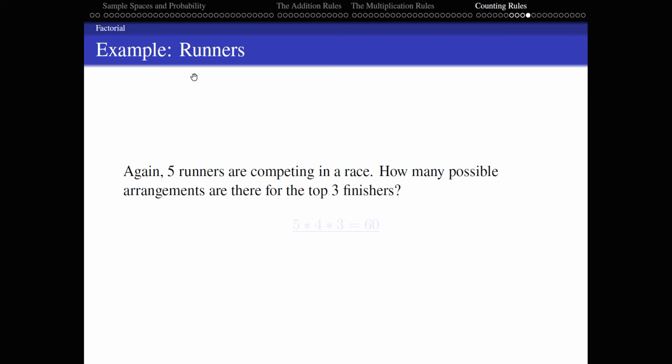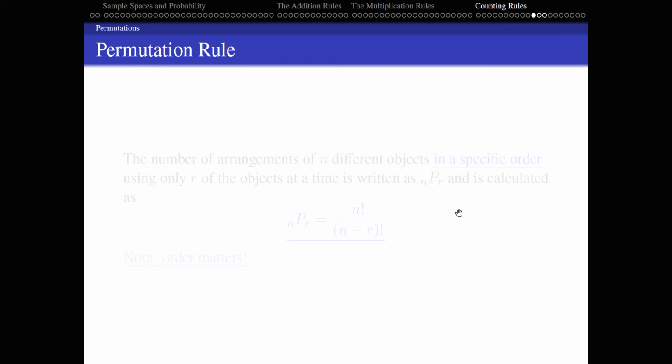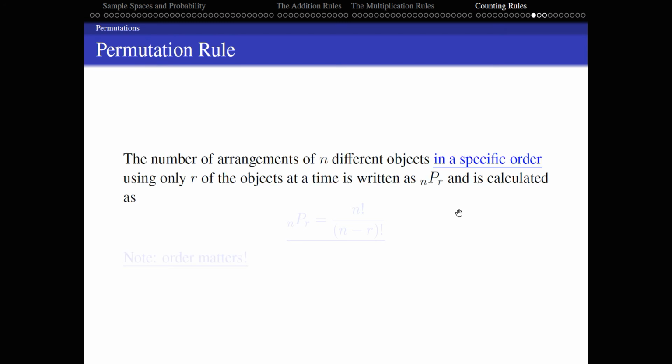So I've got 5 possibilities for the first blank, and then once that person comes in, I've got 4 possibilities for the second blank, and then once that person comes in, I've got 3 possibilities for the third blank, and then I just ignore the last 2 because I'm only interested in the top 3 finishers. So if I've got 5 runners and I'm looking for the number of arrangements that I can make for the top 3 finishers, that number is going to be 5 times 4 times 3, or 60. This type of calculation is called a permutation.